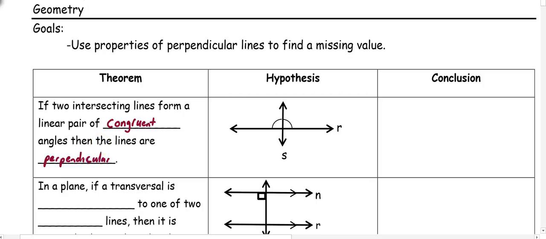This should make sense because if I'm forming a straight line of 180 degrees and I have congruent angles, the only way that they're congruent is if they're both 90 degrees, because that's what would add up to 180. So the conclusion we can make then is that R is perpendicular to S.